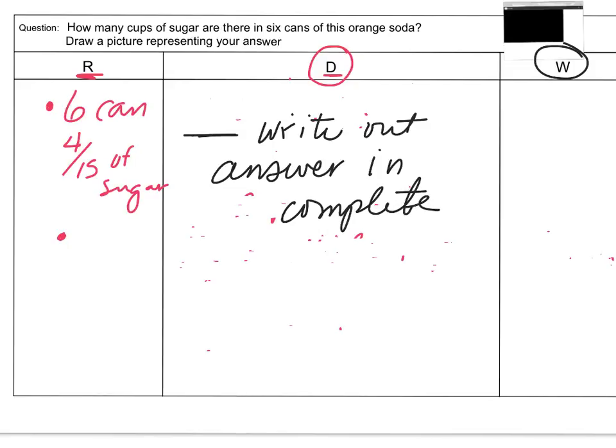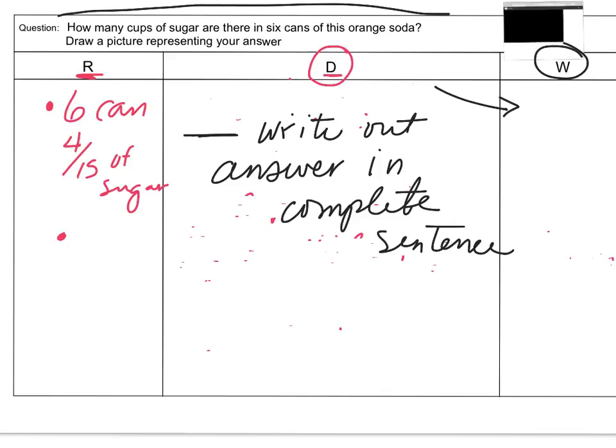Use all the information from R and D, and then make a sentence that will explain your answer. Now I like to look at the question and begin my sentence by using parts of the question in my sentence. How many cups of sugar are there in 6 cans of this orange soda?